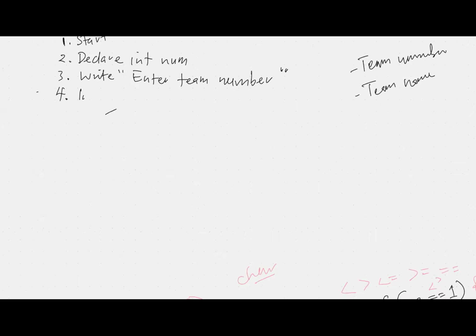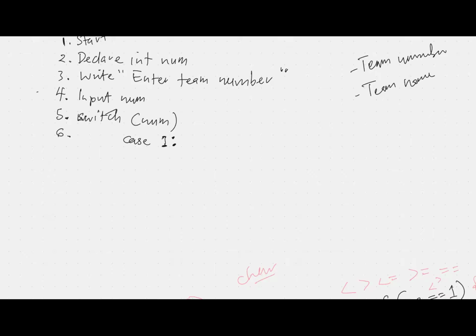So once we now have the number, let's use switch case. So let's switch on the team number. Having switched on the team number, the first case, which is case 1, we write colon. Make sure you write case and then the colon.